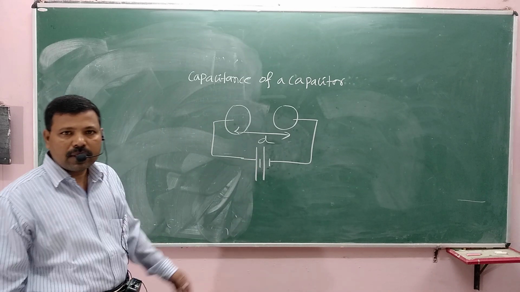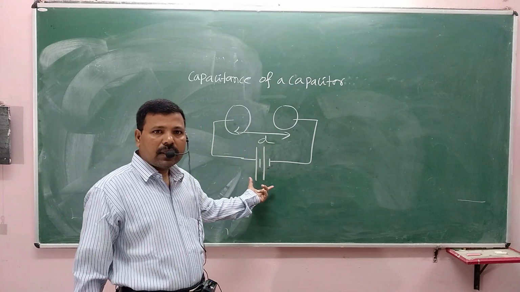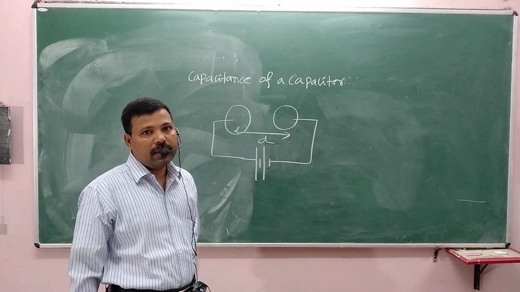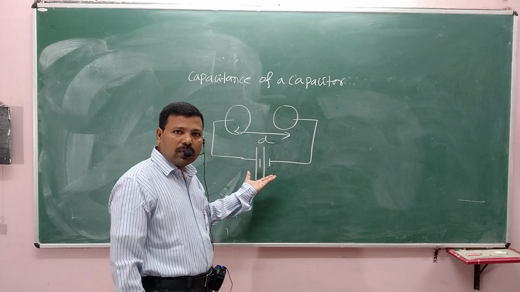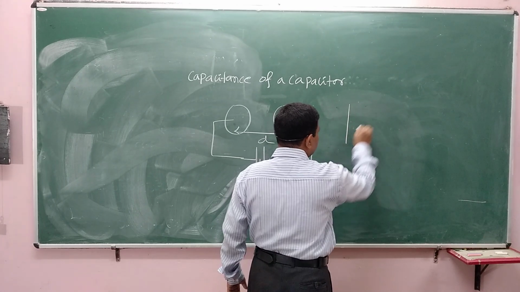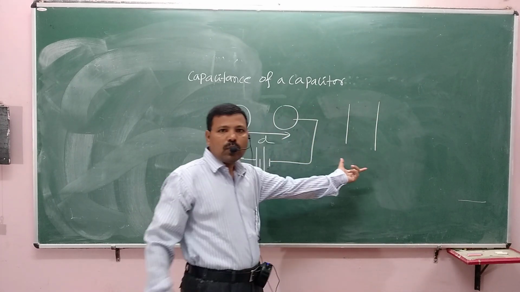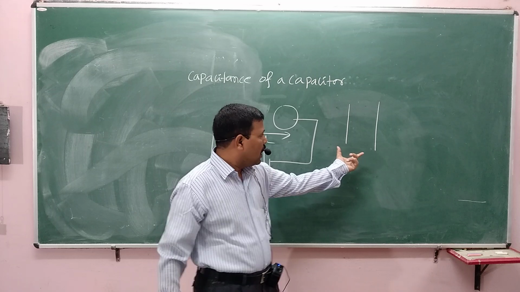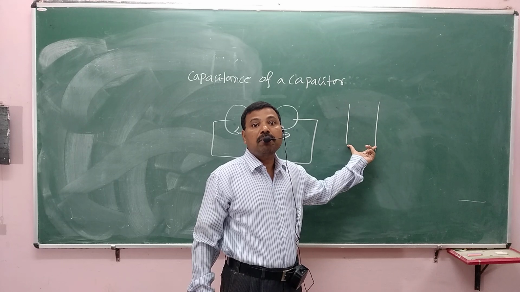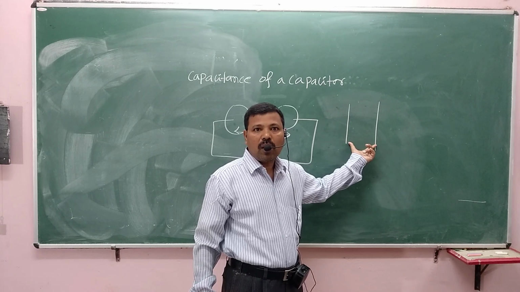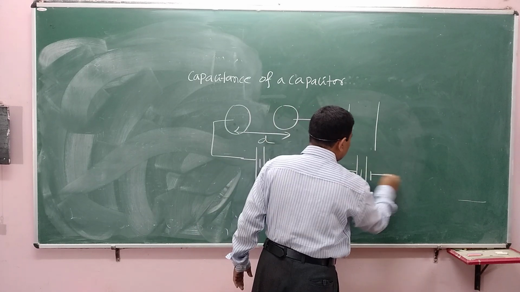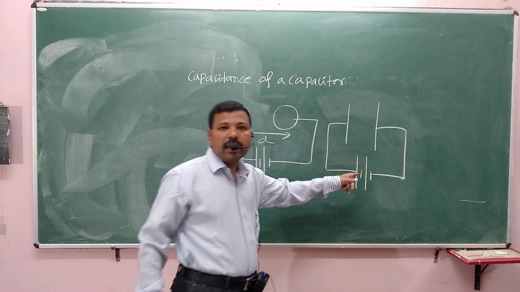This is called a capacitor, and it is connected to a source of electricity, a battery. The same thing can also be drawn using two parallel plates. This is also a capacitor, two rectangular plates separated by some distance, connected to a battery.